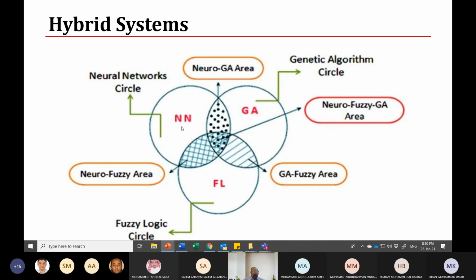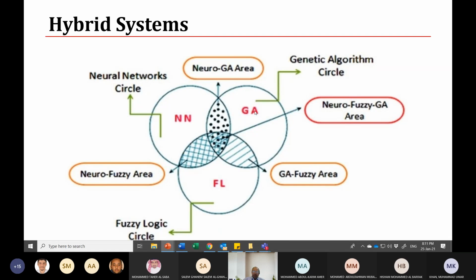You have the three major techniques that we will cover here: neural network, genetic algorithm. We will not limit ourselves to genetic algorithm. We can replace it by any other technique, such as particle swarm or differential evolution or whatever here.